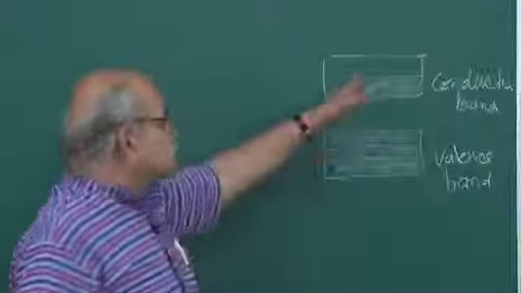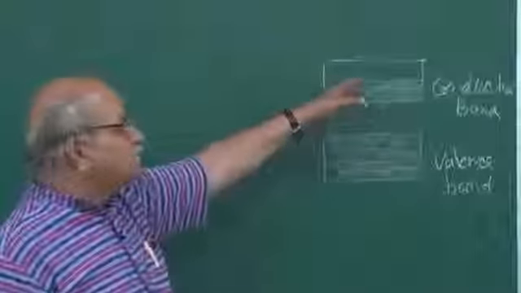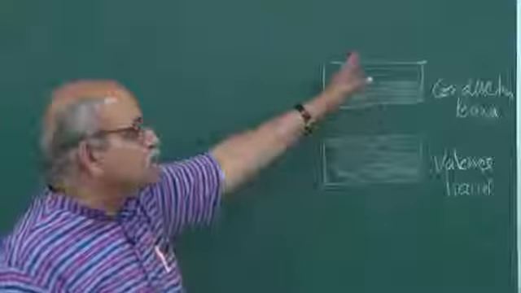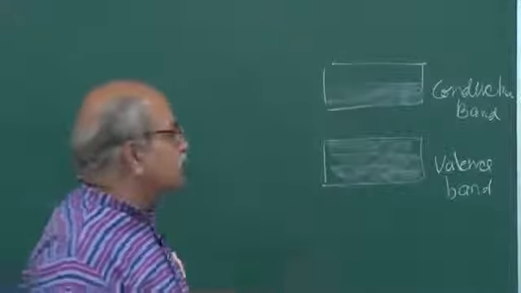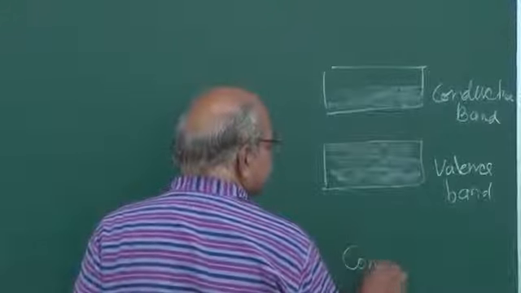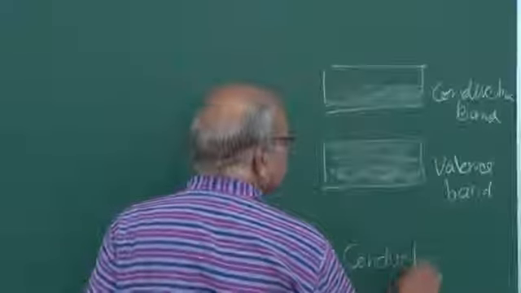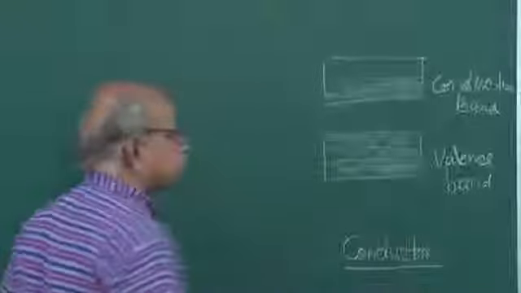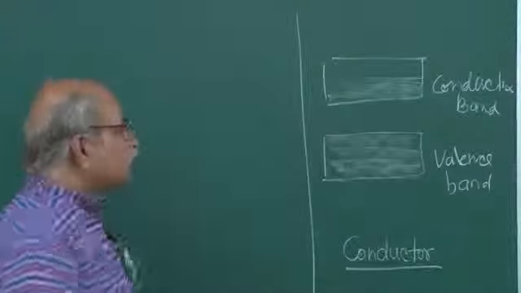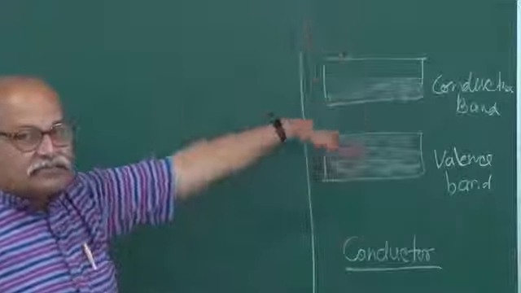You have a large number of quantum states which are filled, and you also have a large number of quantum states which are empty. So this kind of conduction band will be electrically conducting. So it is in the category of conductor. Metals fall under this category.